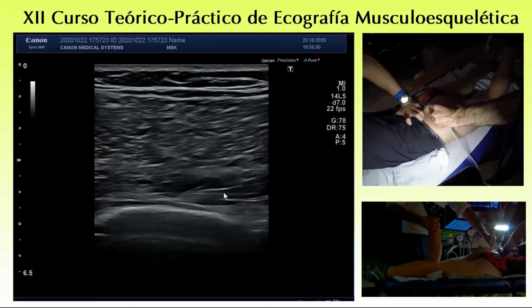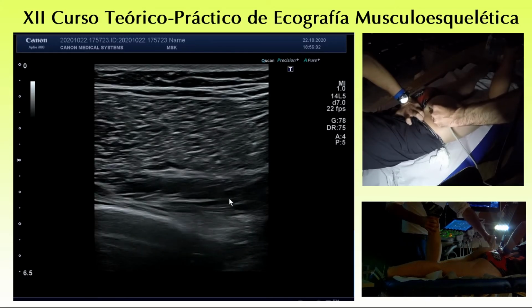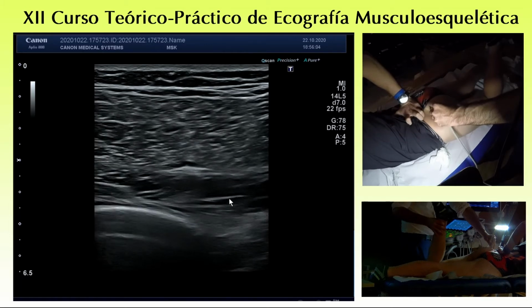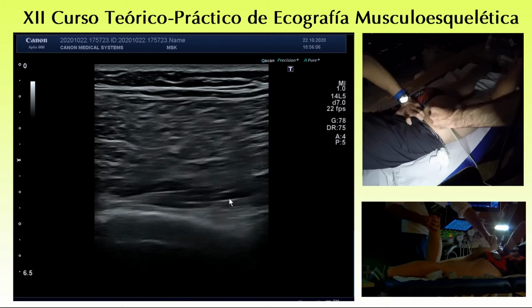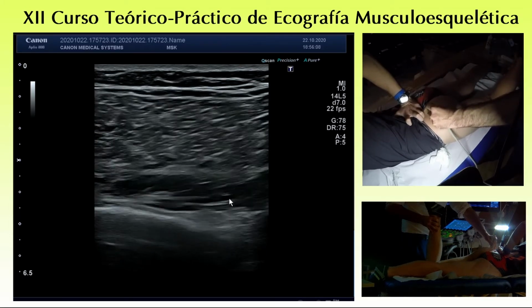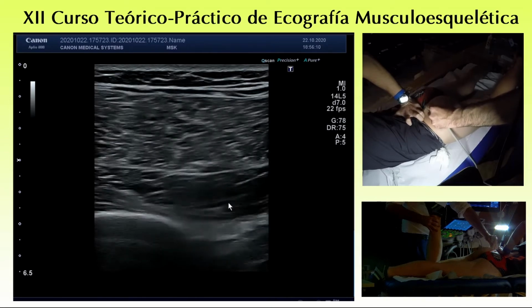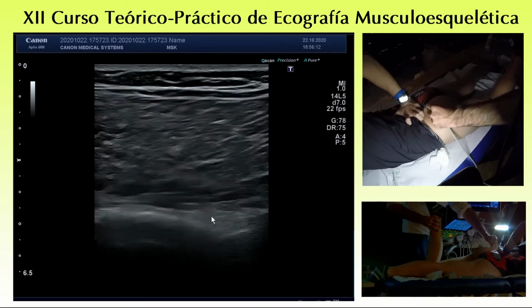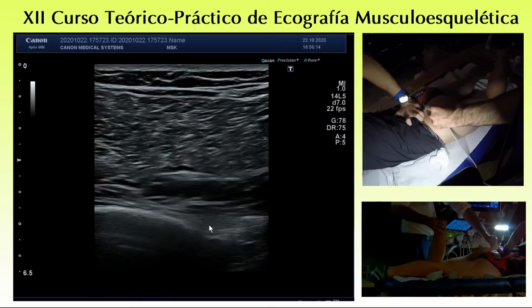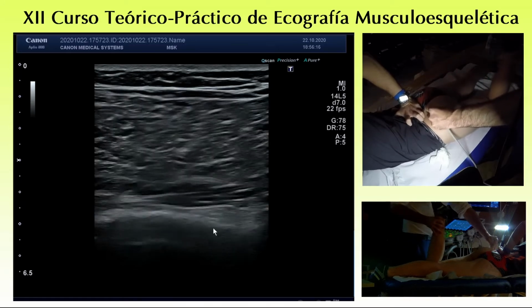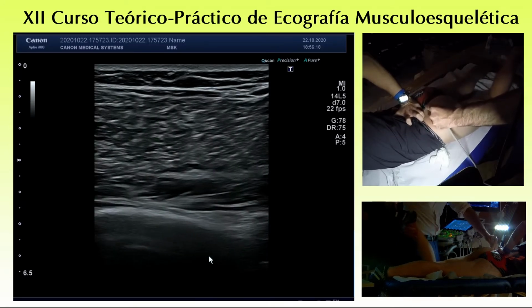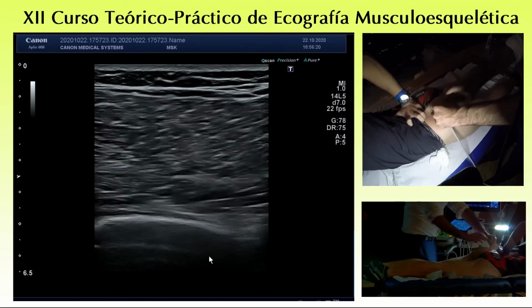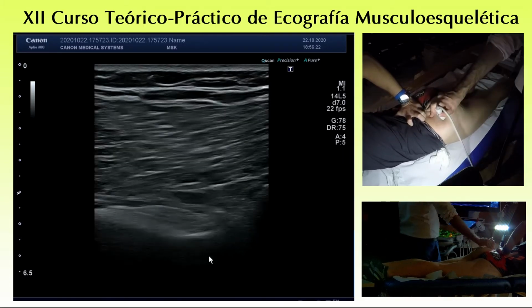And underneath the piriformis you have the sciatic nerve just before it exits there. So this is the technique to see the sciatic nerve and the piriformis.